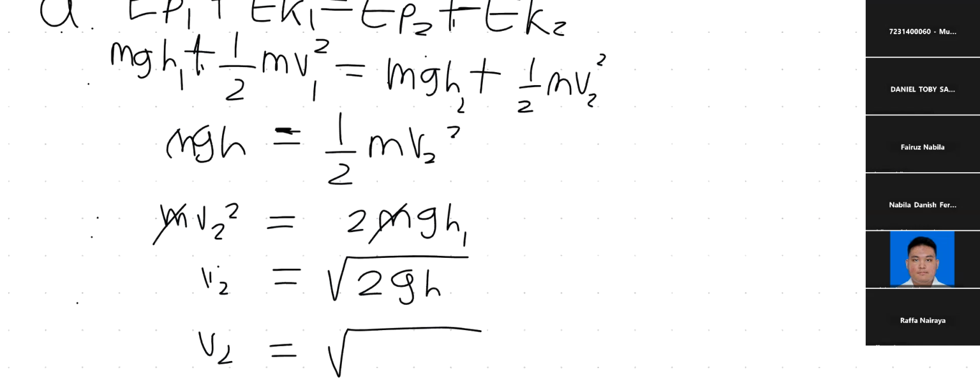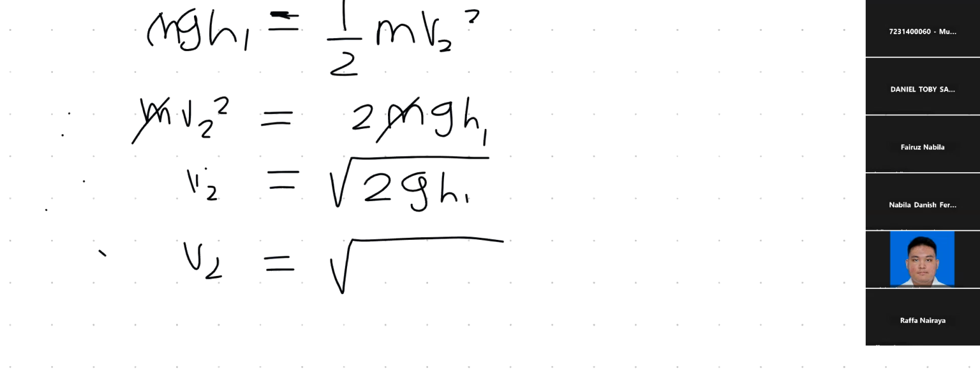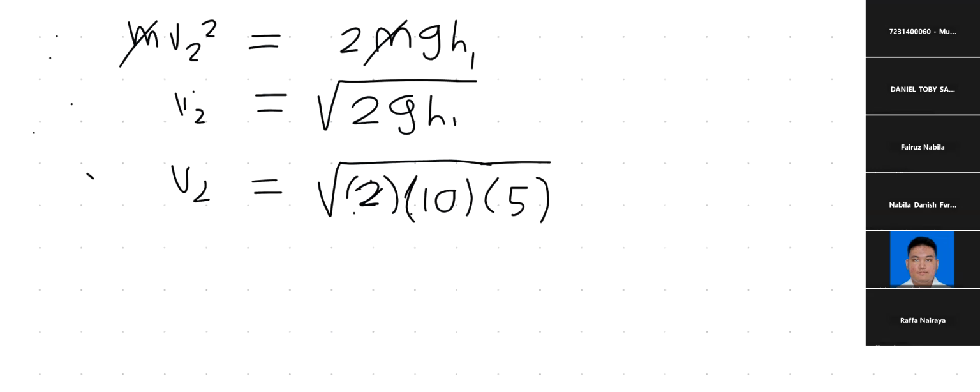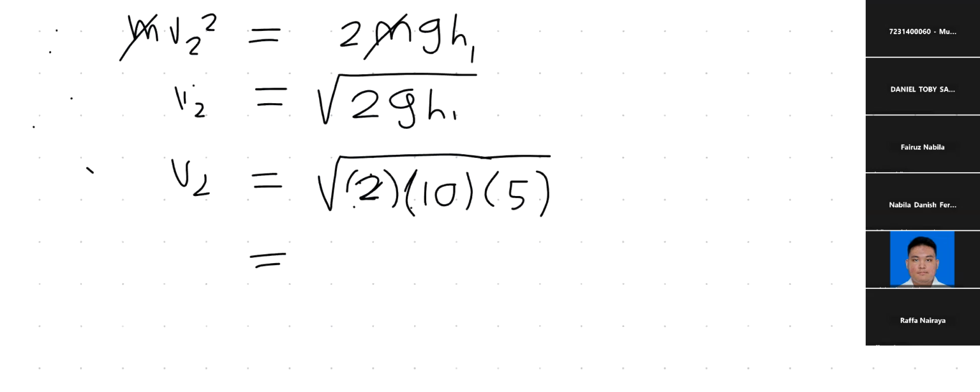Don't forget this is h1. 2 times 10 times 5. The square root of 2 times 10 times 5. That is going to be equal to square root of 100. So V2 is going to be 10 meters per second. Any questions?